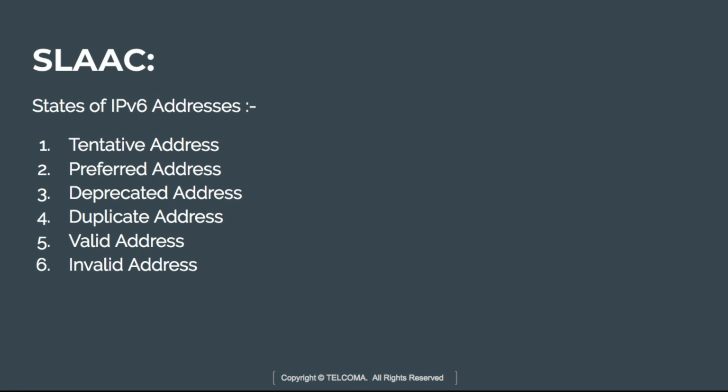The next one is the preferred address. Preferred addresses are addresses that have been assigned to an interface and can be used without any restriction for the assigned lifetime. After that, the next is deprecated addresses.